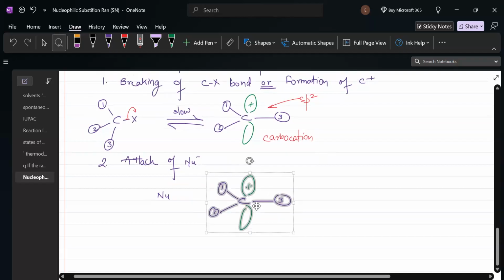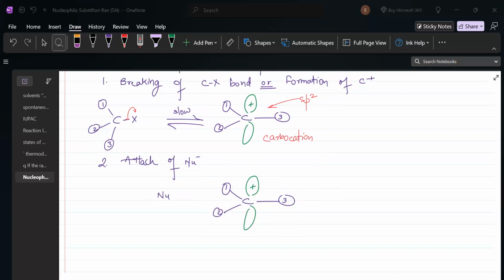Amna, are you copying? Yes. Once I make the diagram, then I will explain.